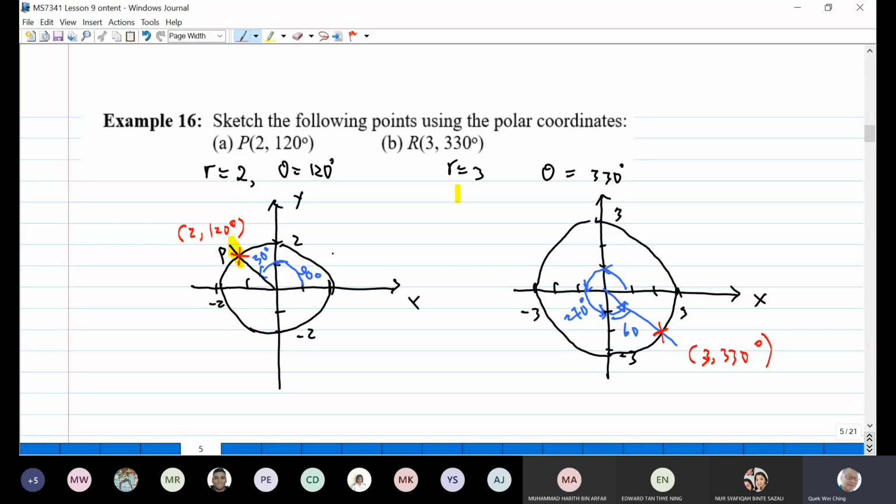Okay, so this is how you locate the point. So you find r, which is how far this is away from the center. Theta is always measured from the positive x-axis here. Then from there you find the angle. Then this line and circle intersect together to locate the point.